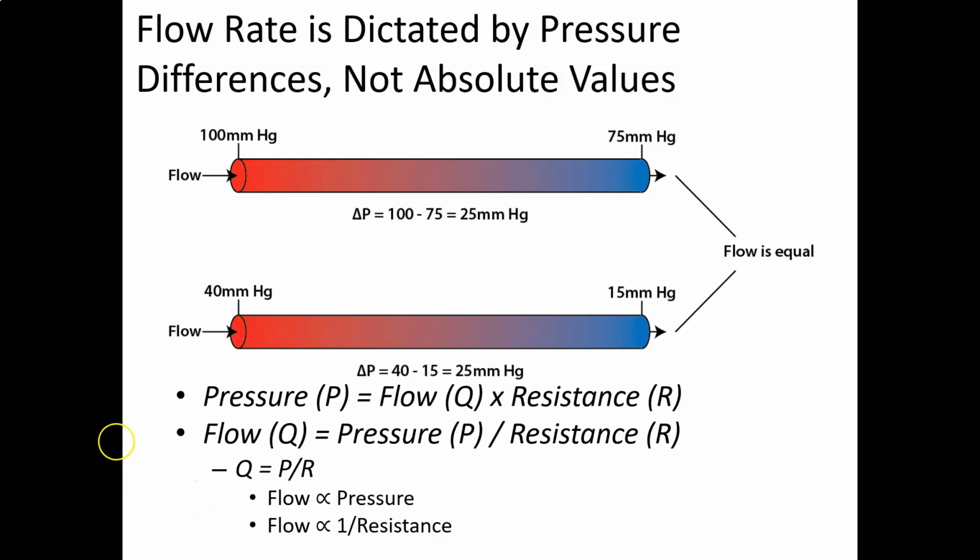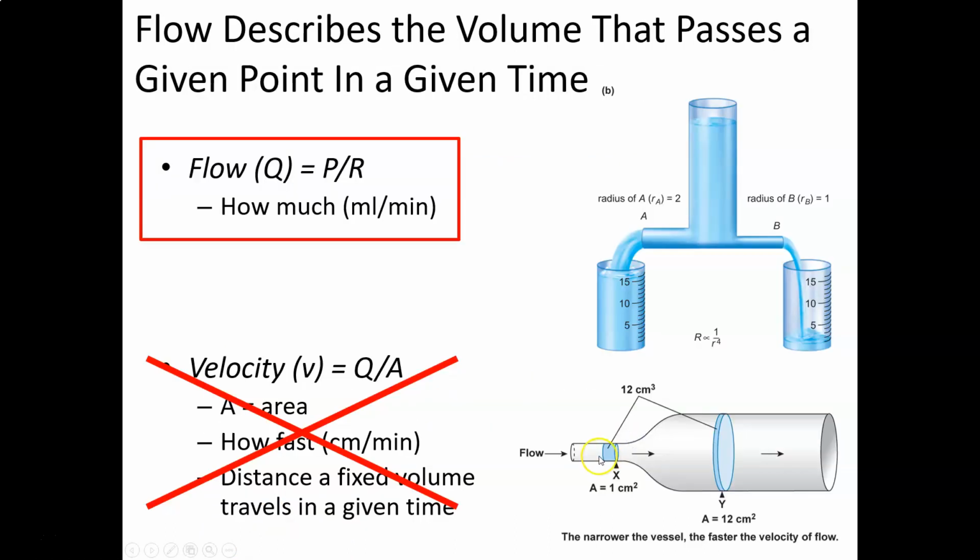All right, so we've seen the equations: pressure equals flow times resistance, and then rearranged, flow equals pressure over resistance, and we've seen the effect of that. When we talk about flow, we're not talking about velocity, how fast blood moves, we're talking about the volume of blood measured in mils per minute.